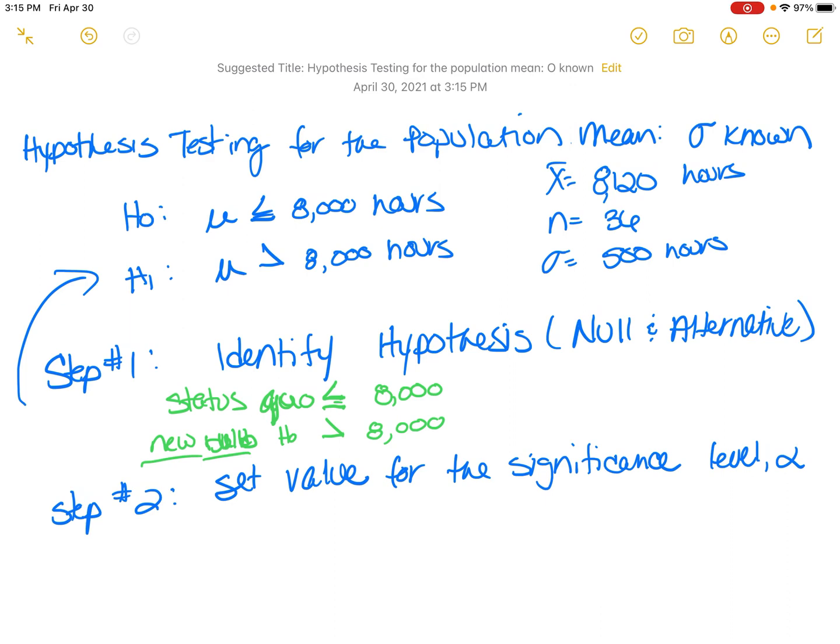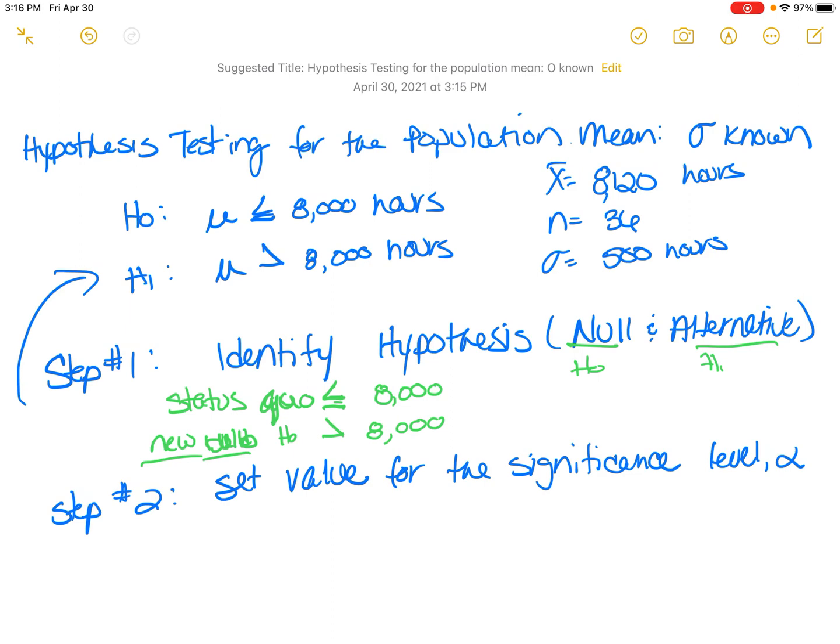So step number one, set up your null and your alternative, your H naught and your H1. Step two is to give the value for the level of significance. The level of significance is usually stated. It represents the probability of making a type 1 error.